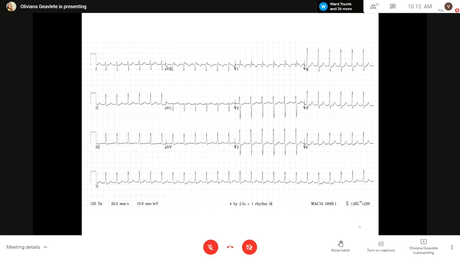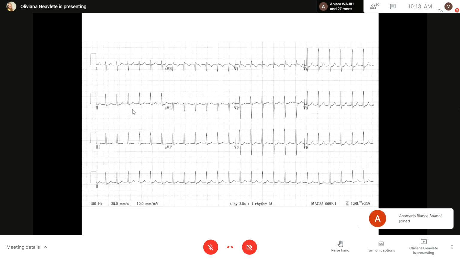P wave exists. Where is it? Well, actually, I see it in all the leads. Not all the leads. Lead 1, lead 2. Where do you see it? Lead 2, mostly. In V1? No. Lead 2. In lead 2.